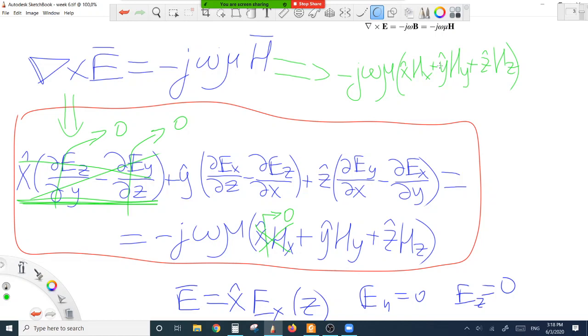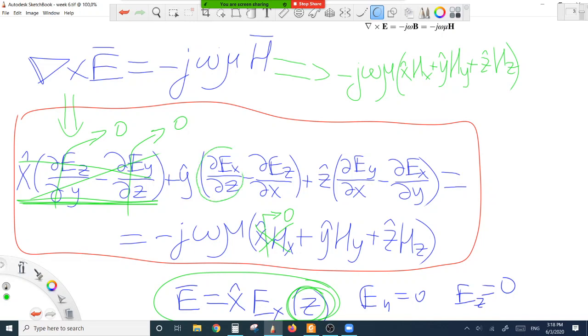On the left hand side, let's switch to the second component. Sorry, Ex is not 0. So we have a component along x which varies with respect to z.